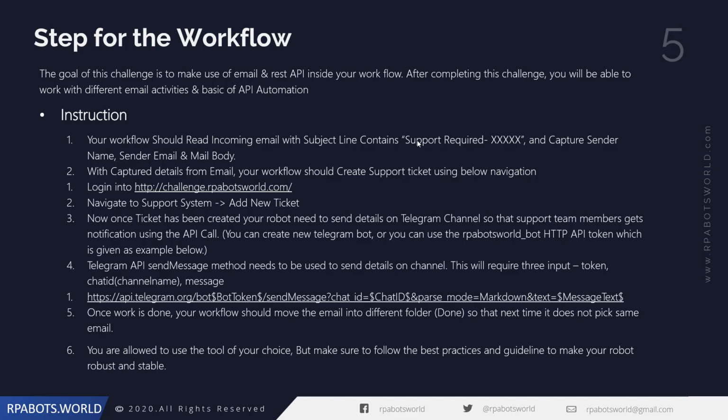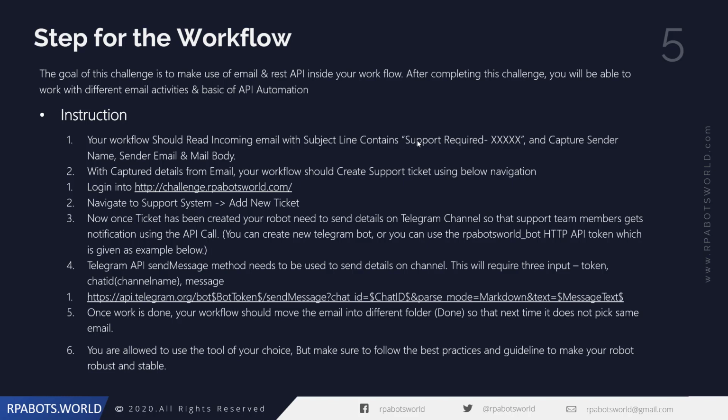Once the ticket has been created, you need to send the details on the Telegram channel so that the support team member gets a notification using the API call. As I told you earlier, you can create your own Telegram bot or you can use mine, whose API and HTTP tokens are given in the example on the blog.